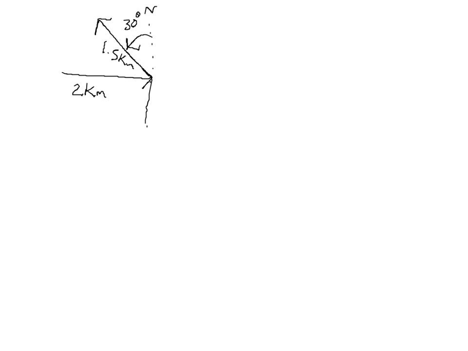Well, in this case, the first leg of our journey we could represent by vector A. It's 2 kilometers east.